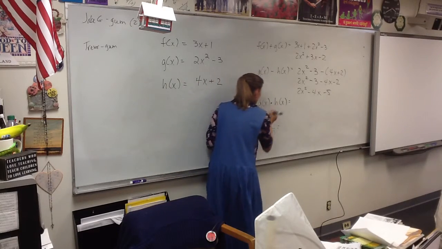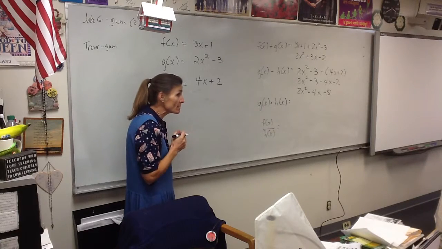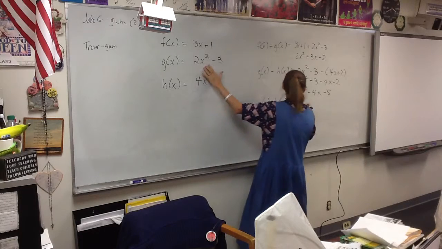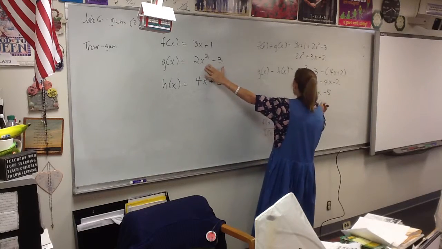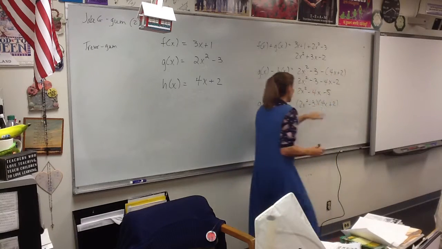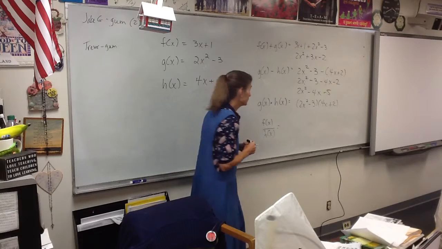This is a times. So what do you think that means? Multiply g times h. And because they are both binomials, that means I'm going to have to FOIL.